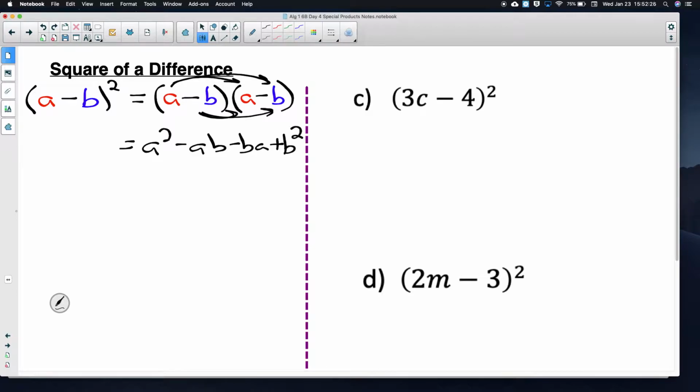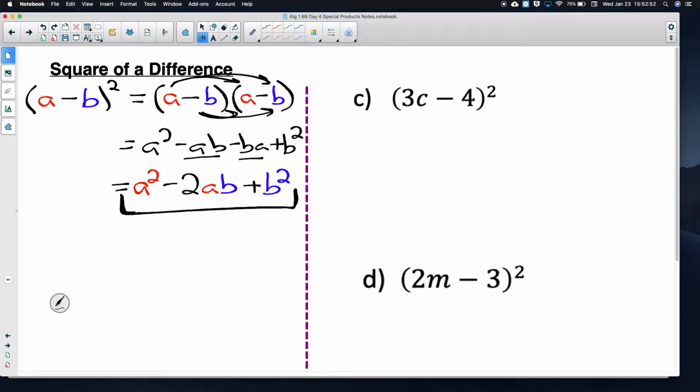So, once again, I can combine like terms here, and going back to my colors, if I have the square of a difference, that's going to follow the pattern of A squared minus 2AB plus B squared.